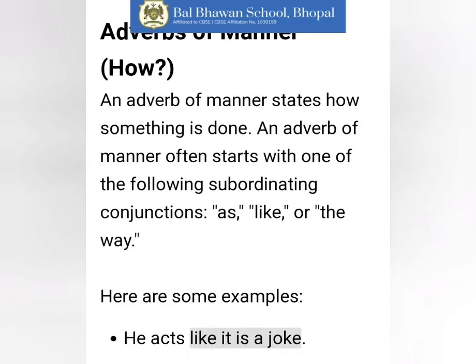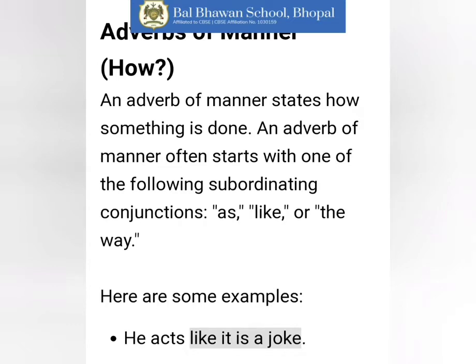Next is the adverb clause of manner. An adverb clause of manner states how something is done. It often starts with one of the following subordinate conjunctions: as, like, or the way. For example, he acts like it is a joke.